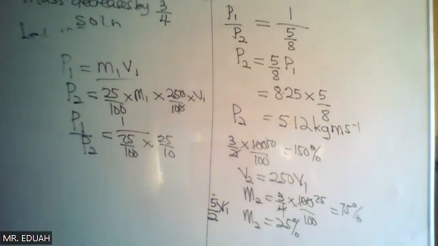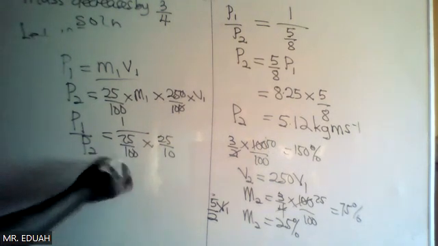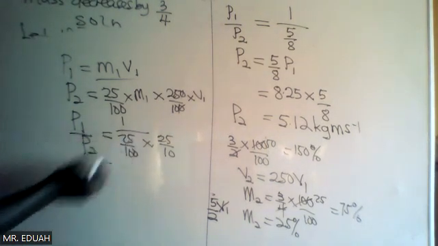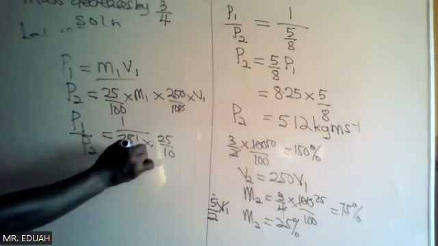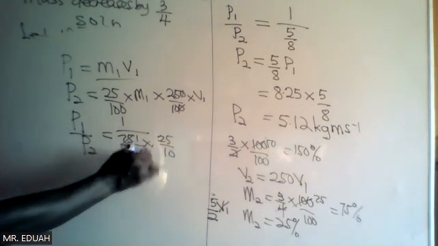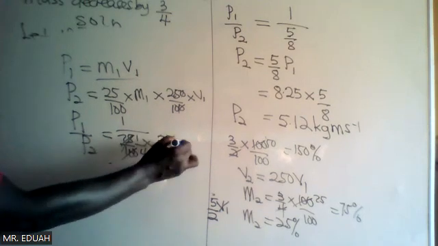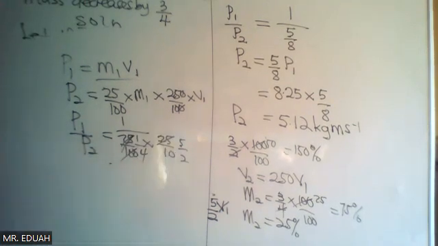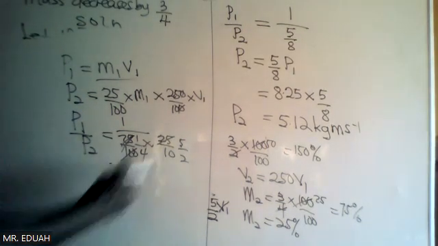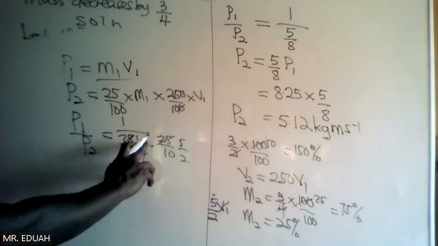Now, you can change this to fraction. 25 over 100 is 1 on 4, and this is also 5 on 2. So it brings us back to what we were looking at, a total fraction of 5 on 8.